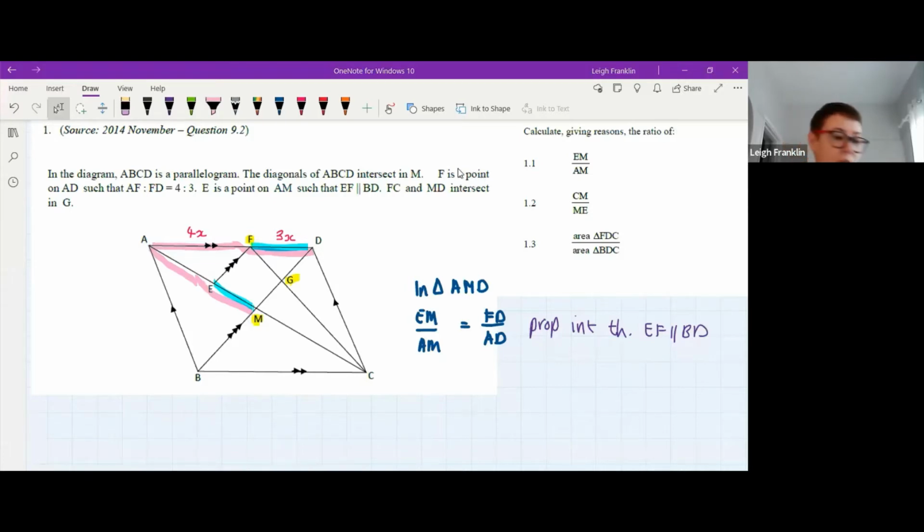Now that we've made that statement, we can write down what EM over AM is equal to. What's EM, Matrix? 3x. And we know that AD is? 7x, absolutely. And of course, x divided by x means it's actually 3 over 7.